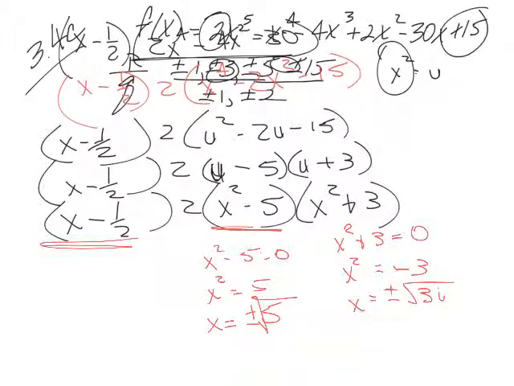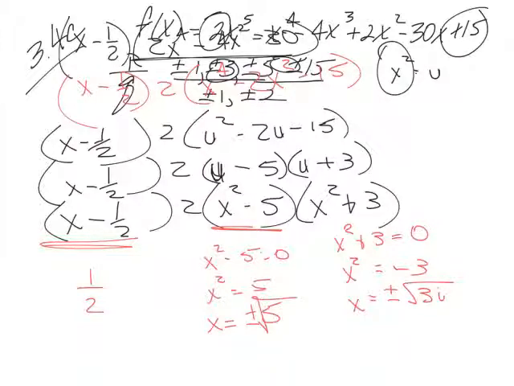So we only have one rational zero, and that's this one right here, 1/2. I guess I should put that down here as one of my zeros. So I have 1/2, and then I've got an irrational zero here, and then I've got an imaginary number here, plus or minus the square root of 3i.